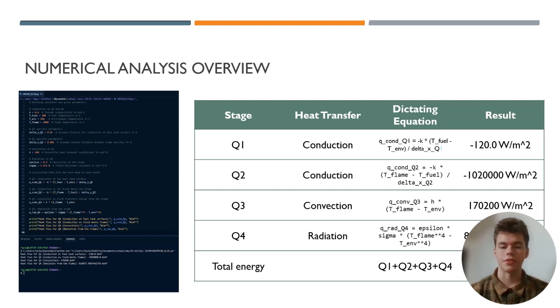In radiation's case, there's also epsilon, along with the Stefan-Boltzmann constant, which you just look up, and it matches the units. That came out to be something hiding behind my little head thingy. But the total, when you add them all up, Q1, Q2, Q3, and Q4, comes out to around negative 34,000 watts per meter squared. So quite a lot of energy is being released by this flamethrower.